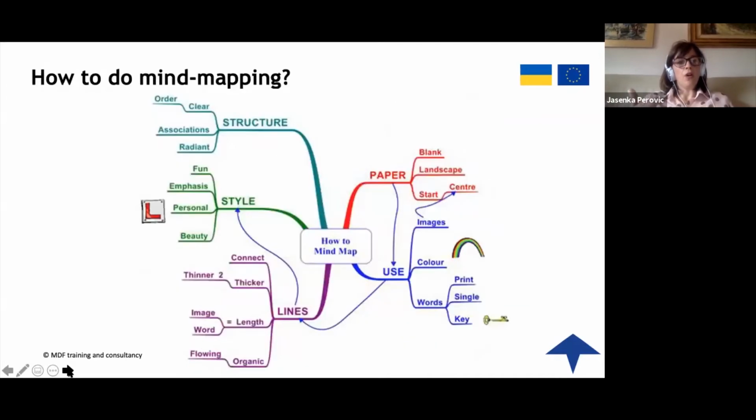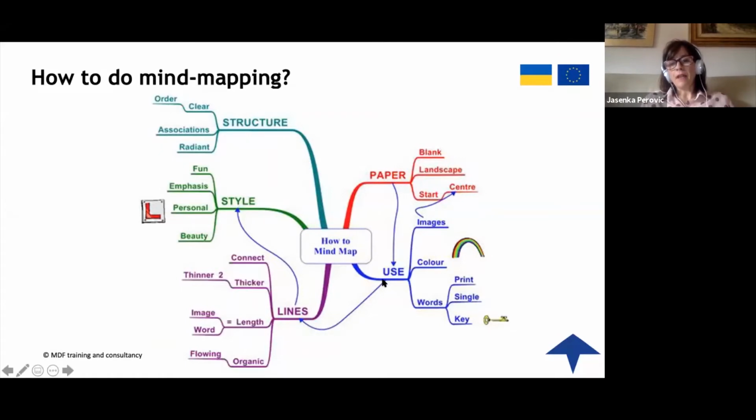Also in this presentation, I try to share with you some tips on how to create it. Basically, you put your main project idea in the center. You orient your paper, you can use flip chart paper in landscape form. You take blank paper, and you start from the center.